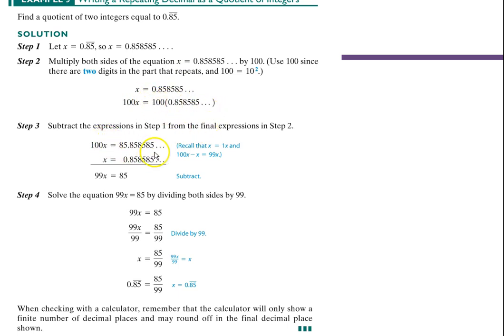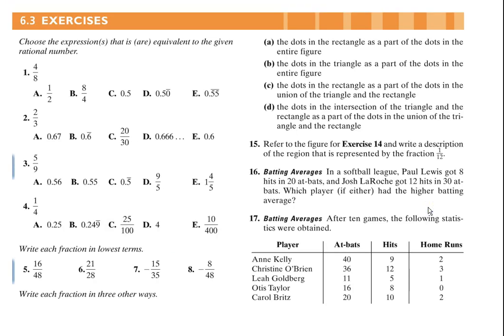When you do the subtraction here, you get 99x and you end up with just an 85. And you divide both sides by 99 here, and you get 85/99. Again, this is a little more challenging than what we're going to do. So I don't believe this one is in the booklet. No. So we don't have to worry about this one at all. And that will complete our lesson.